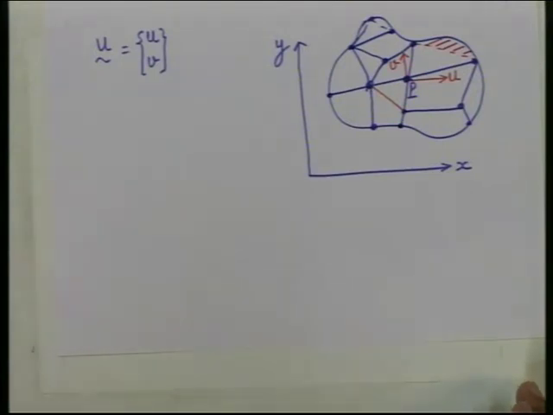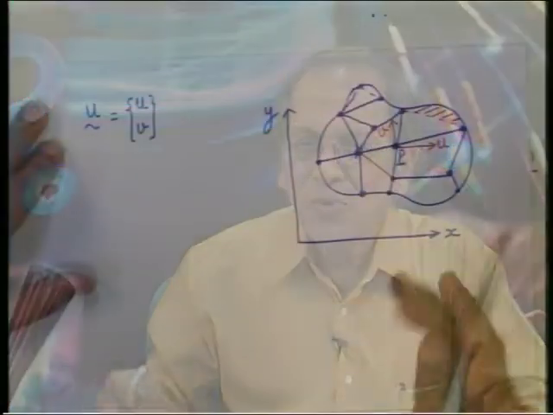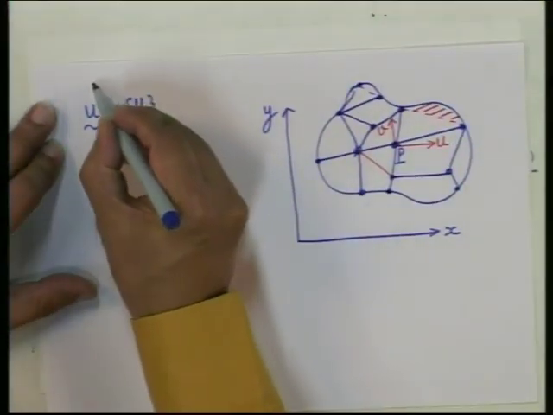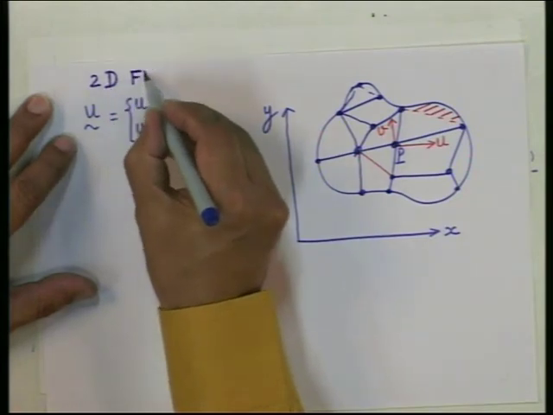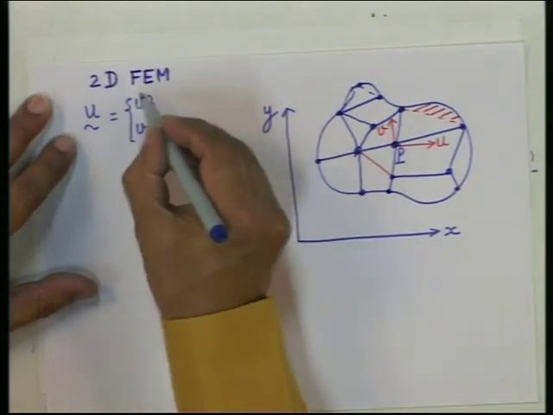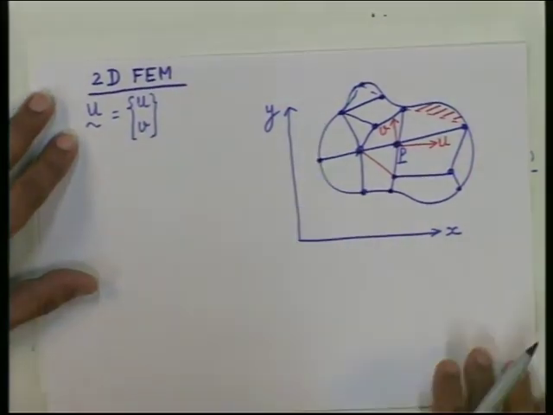Now, we shall try to do plane stress first, because we have been talking only about 1-dimensional problem so far. So, now we are just moving towards 2D, 2-dimensional finite element method or discretization.